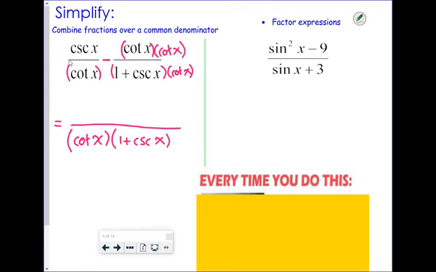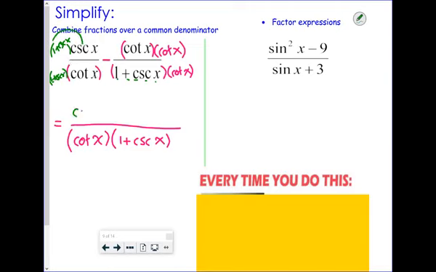And this one here is being multiplied by all of this stuff, so this must be multiplied by 1 plus cosecant of x. That's what's going in there. So I've got 1 plus cosecant of x times cosecant of x.